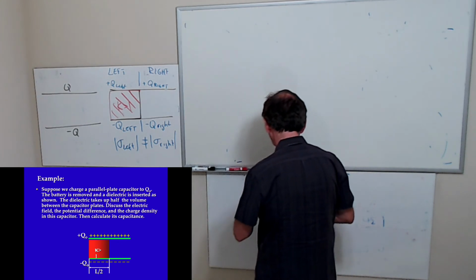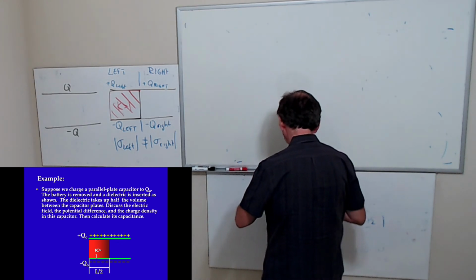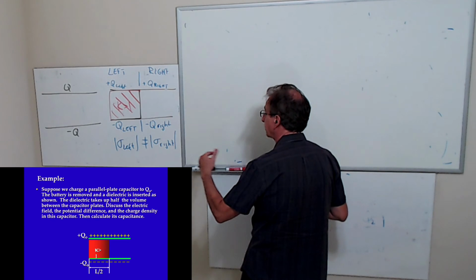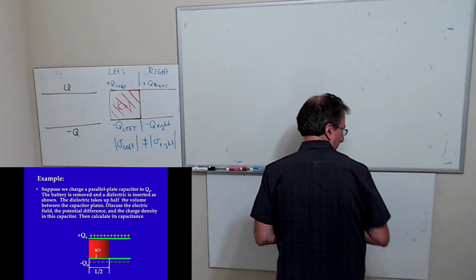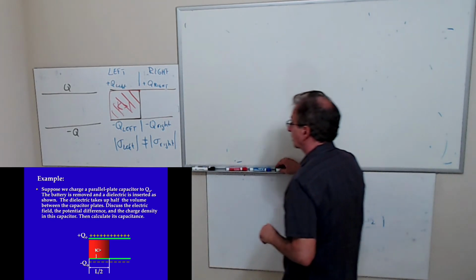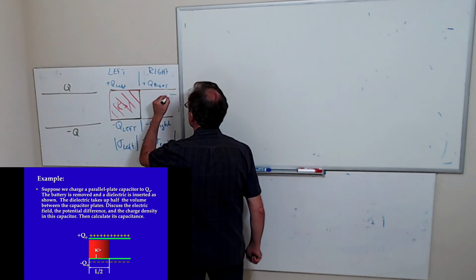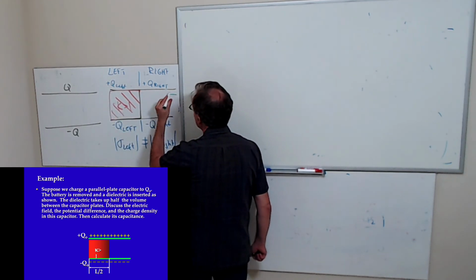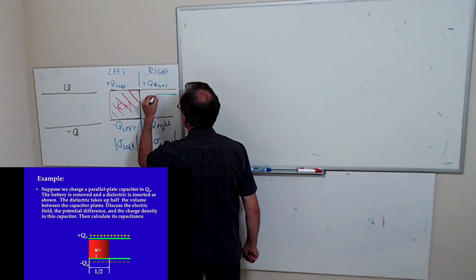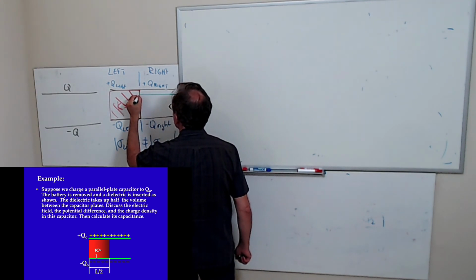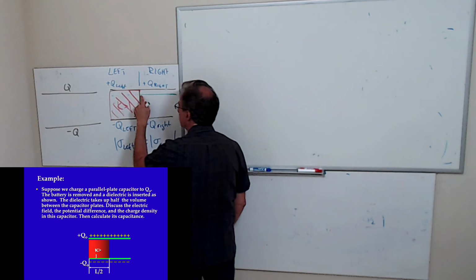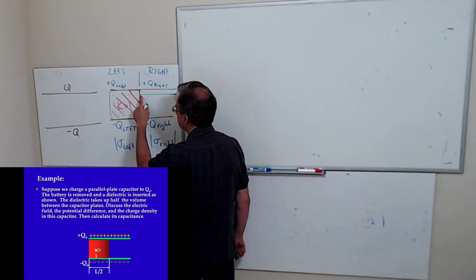But let me ask this. Let's look at the electrical potential in between the plates. And let me use a green marker. Let me draw an equal potential, because you know the field's uniform here, right? So let me draw an equal potential all the way across. What happens when you reach this surface? You reach a boundary.